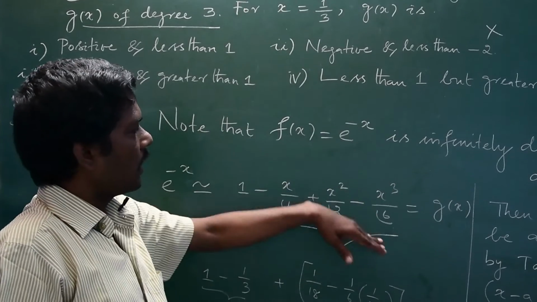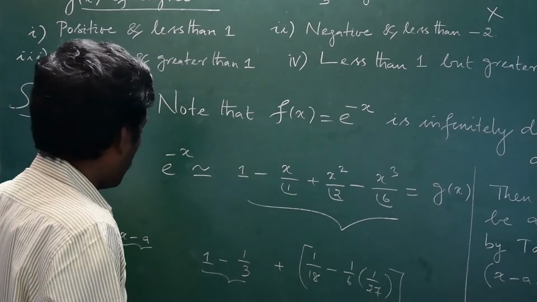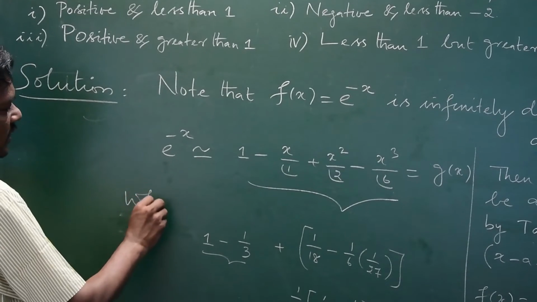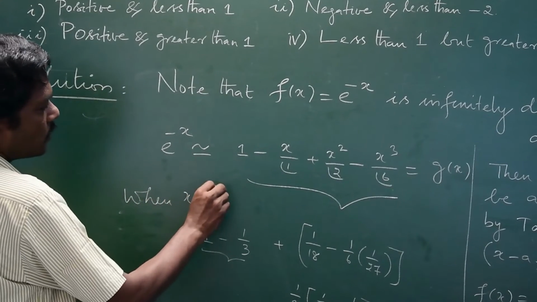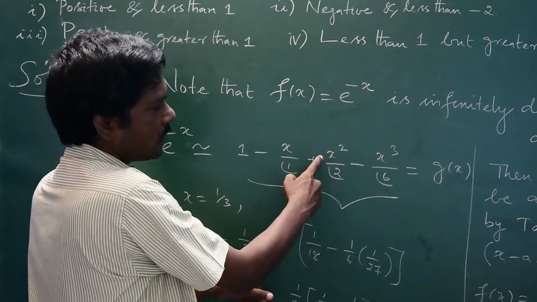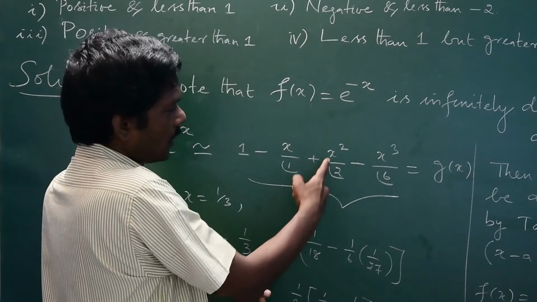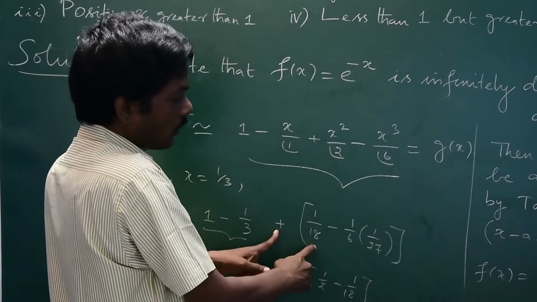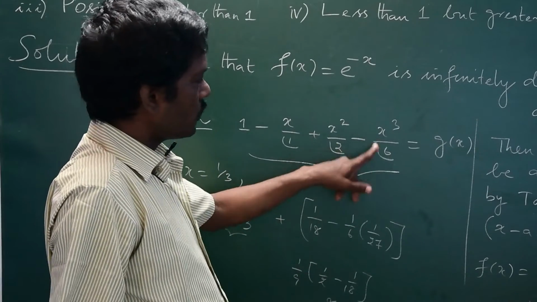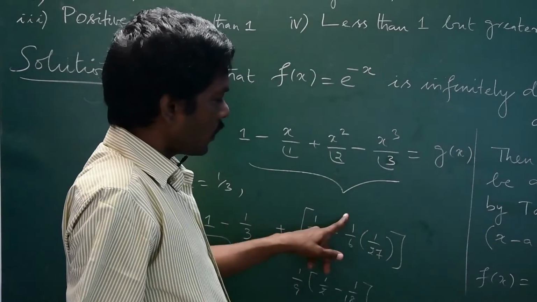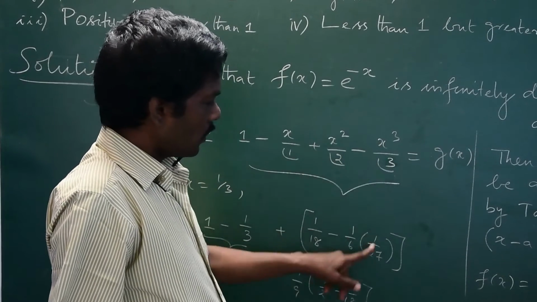Now when x is equal to 1 by 3, what happens? 1 minus 1 by 3 plus, when you substitute, 1 by 3 whole square, 1 by 9 over 2, so 1 over 18, minus 1 by 3 factorial, which is 6, 1 over 6 times 1 over 27.